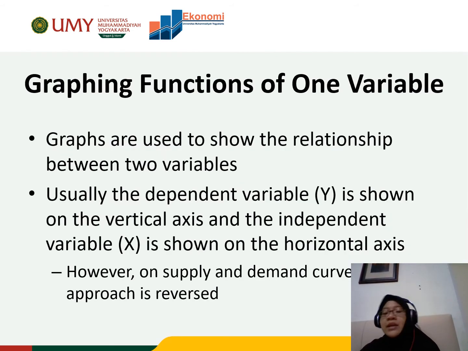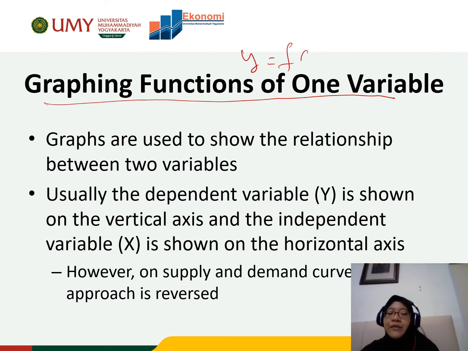We already talked about the independent variable. Now we're talking about graphing the function for one variable only. One variable is y equals f(x). Ma'am, what will it be if we have two variables? If we have two variables, we can write y equals f(x1, x2).